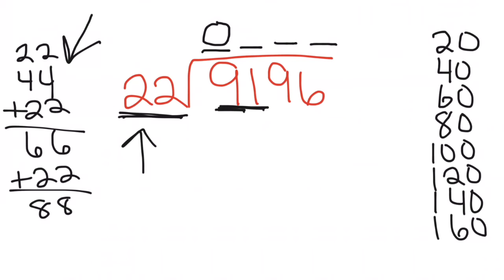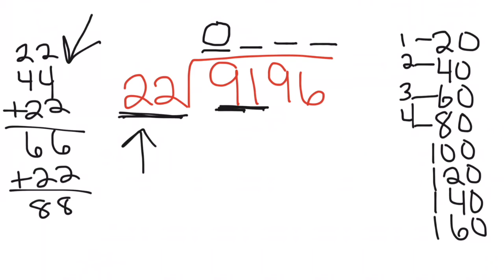Now, I'm going to look over here, and I'm going to find the multiple of 20 that is closest to 91. So I see 20, 40, 60, 80. Now, 80 is 1, 2, 3, 4 multiples of 20.